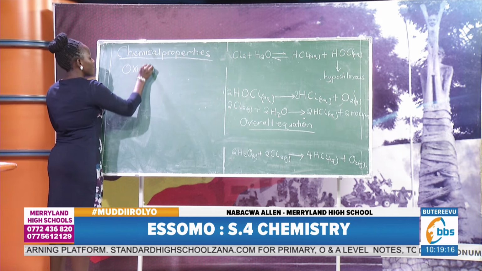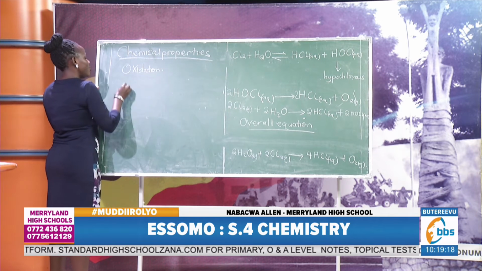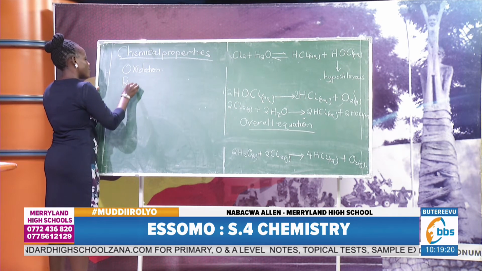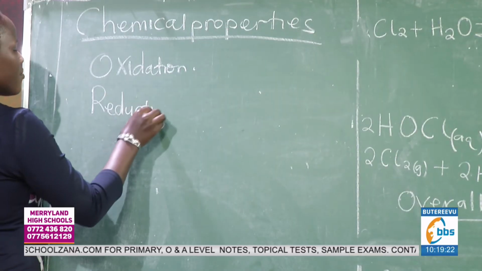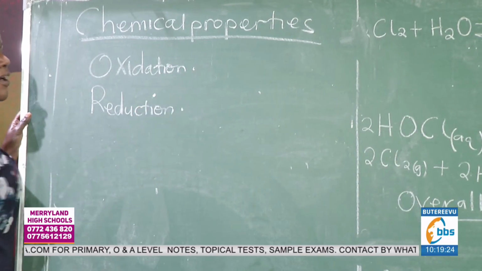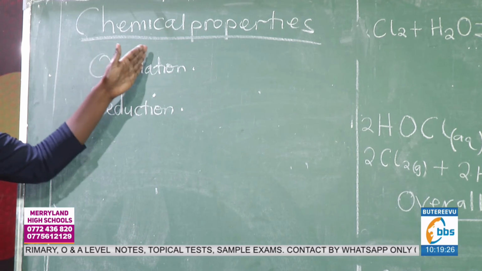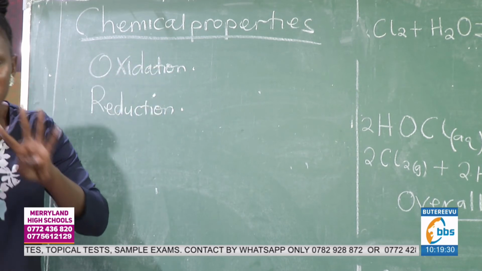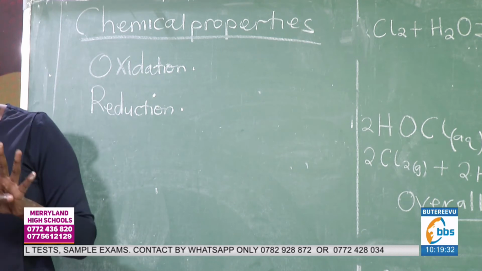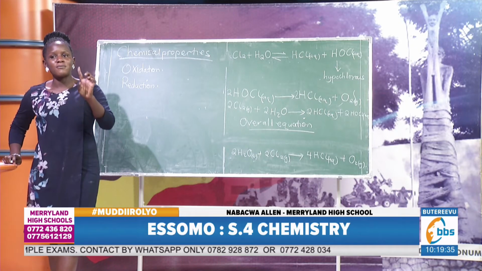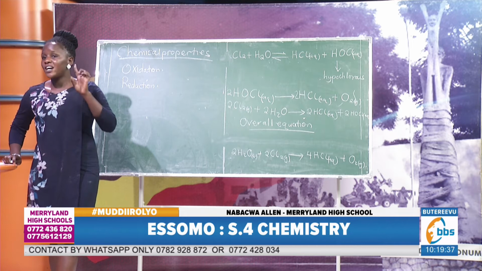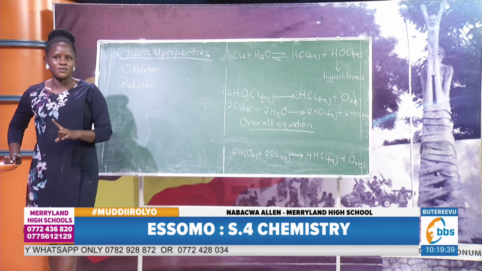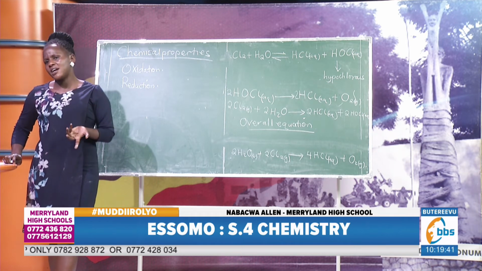So whenever we meet these two words, there are three things we must always think of. We can define oxidation in terms of oxygen, in terms of hydrogen, in terms of electrons. The same applies to reduction.